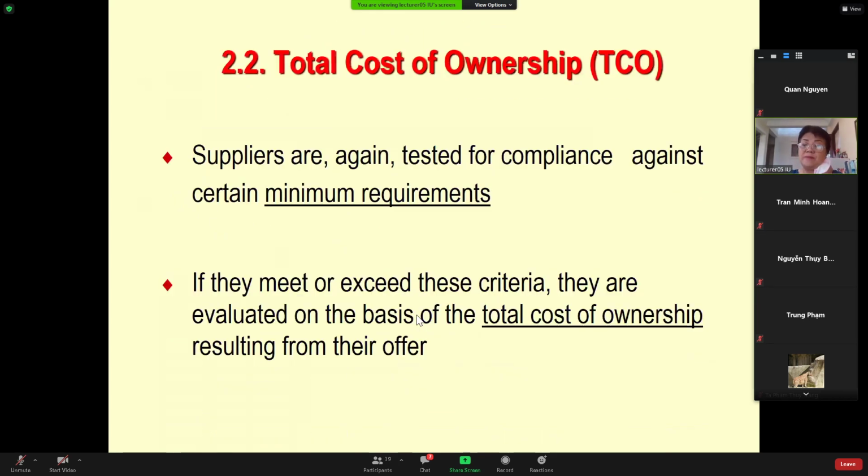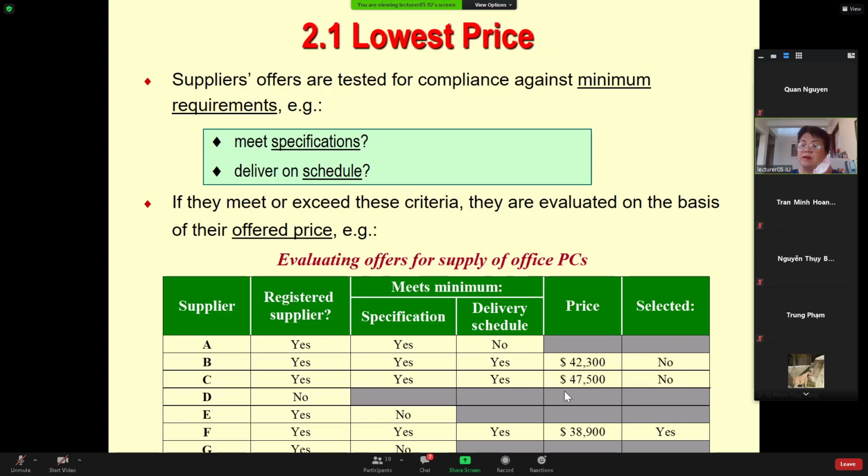Based on the quotation results, supplier A cannot offer, B and C can offer, D and E cannot offer, and F offers. Among the three suppliers, B, C, and F, F offers the lowest price.